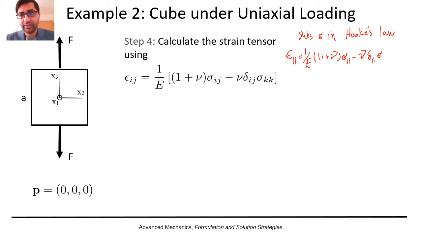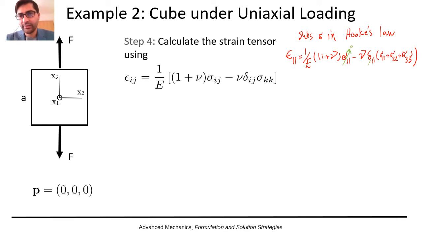We have to repeat it 3 times. It gives us sigma 1, 1 plus sigma 2, 2 plus sigma 3, 3. That's the trace of the matrix.